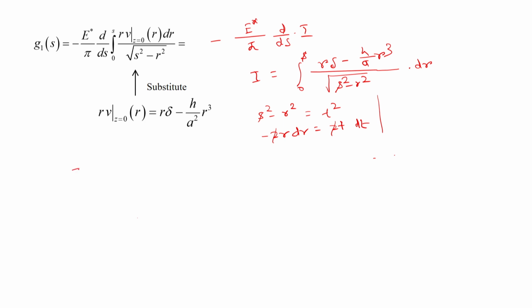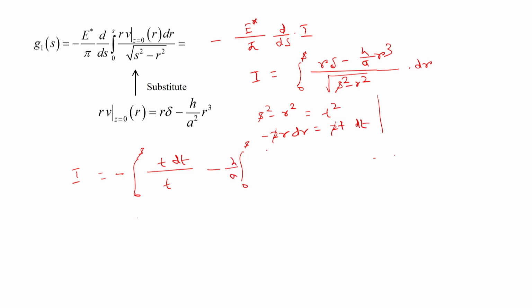Therefore, this I will be equal to, integral 0 to s, and this r dr will be minus t dt, divided by square root of a square minus r square, so it is t here. Then minus, integral 0 to s, this is h by a, and this is r square.